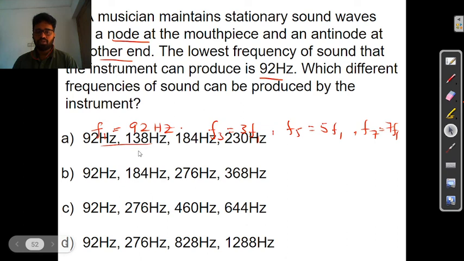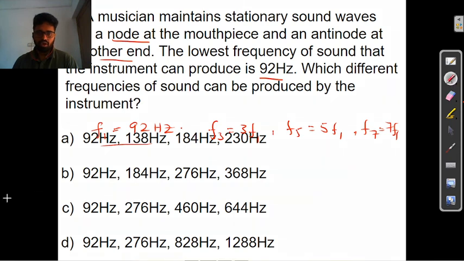So the odd multiples will be 92 into 3, that is 276, 92 into 5, that is 460, and 92 into 7, that is 644. So only option C is correct because it's only odd multiples. Five into 92 and 7 into 92.